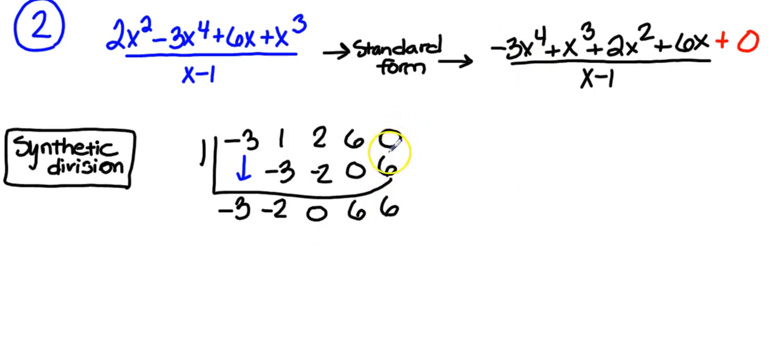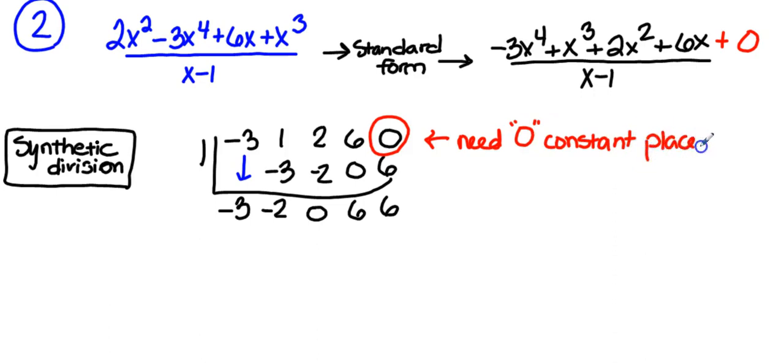So an important note, remember I had said with synthetic substitution it didn't matter, but now that we're using this process for division, we need the 0 constant placeholder for synthetic division.